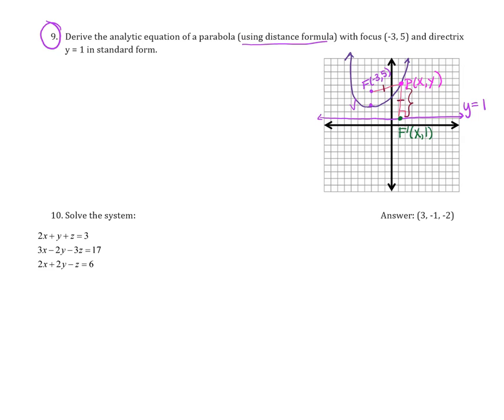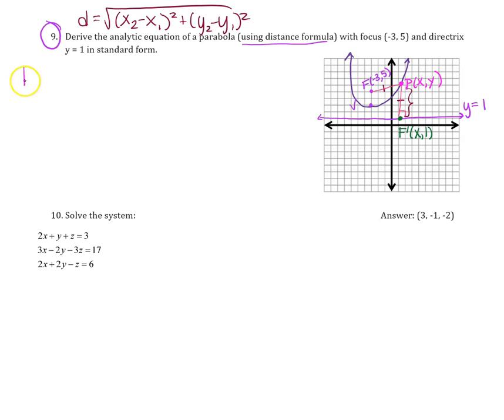Okay, so the first thing I'm going to do is look at the distance between P and F prime. So I'm going to use the distance formula. Remember our distance formula is the square root of x2 minus x1 squared plus y2 minus y1 squared.